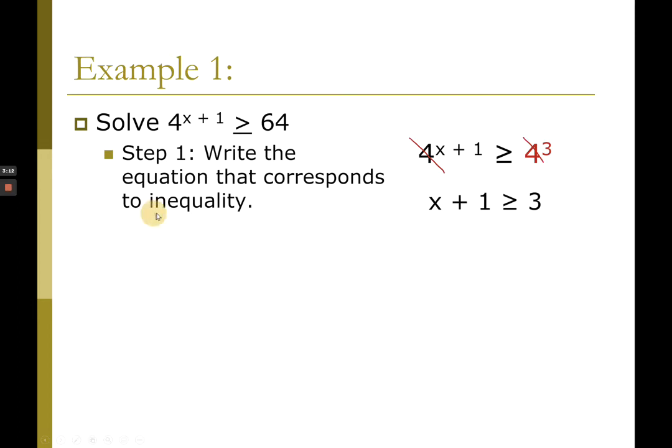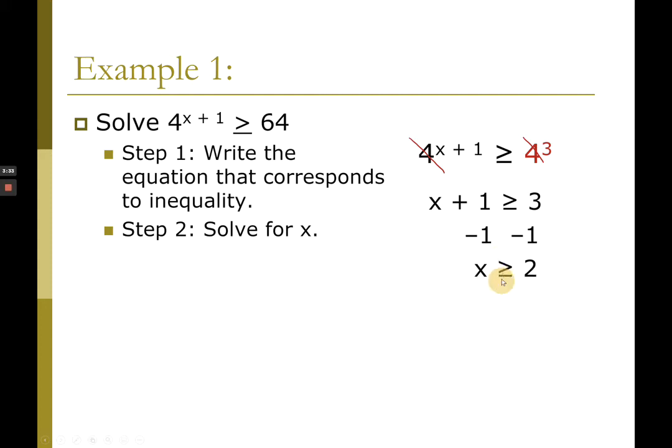Now we are ready to solve for x. You just take out 1 by subtraction. Subtract both sides by 1 and you have x is greater than or equal to 2.